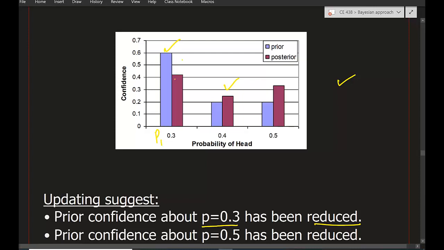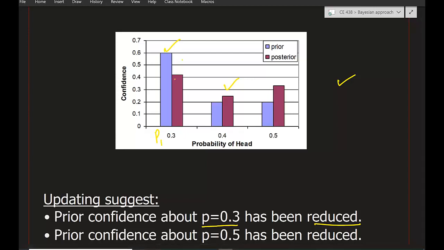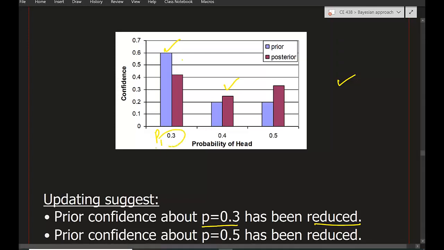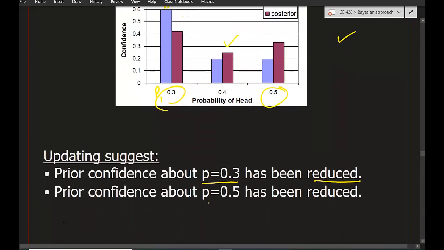So I have less chance that my coin will show a head with a probability of 0.3, because I have got a head. My initial probability has reduced and this probability has increased because I have got a head. Another is the prior confidence that P is equal to 0.5, which has increased.